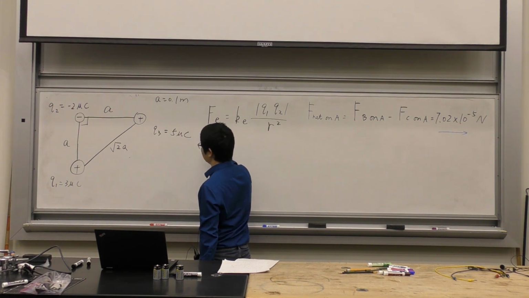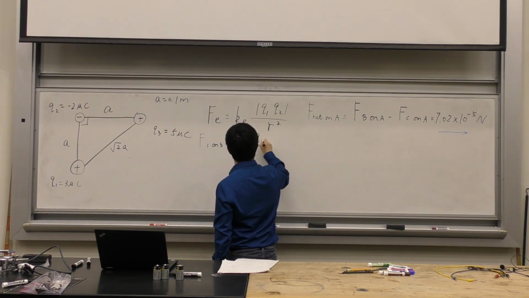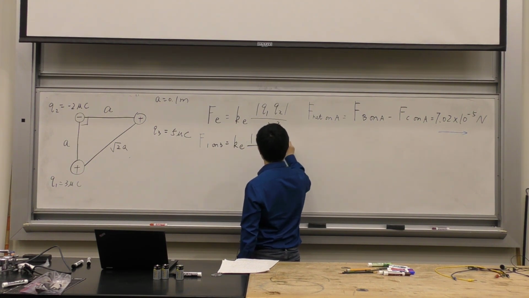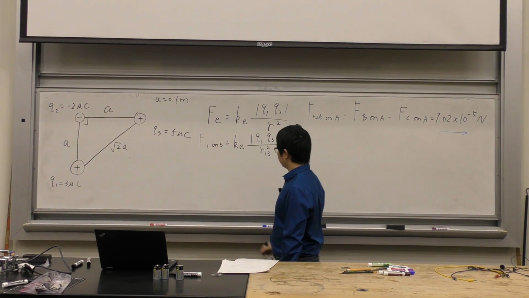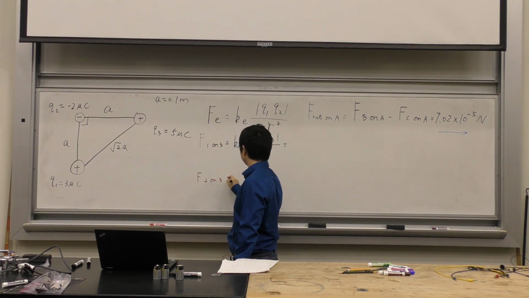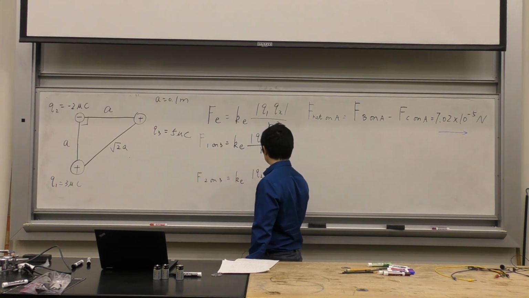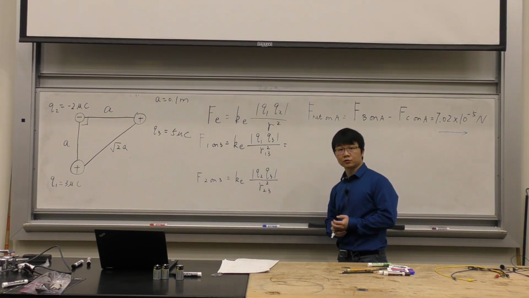For 1 on 3, you're going to do k Q1 Q3 over r13 squared. So r13 is this length. And then the force from 2 on 3 is k Q2 Q3 over r23 squared. But you can't just add or subtract these 2 numbers, right?